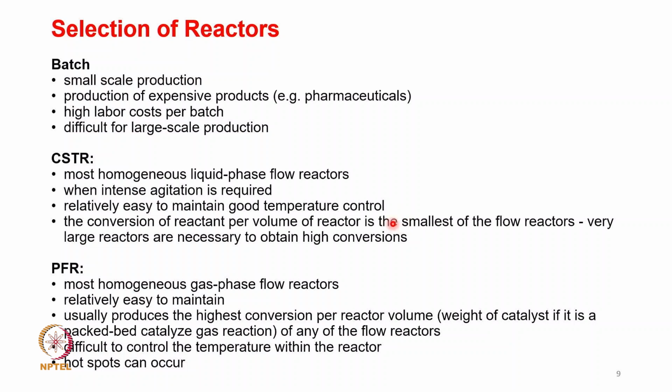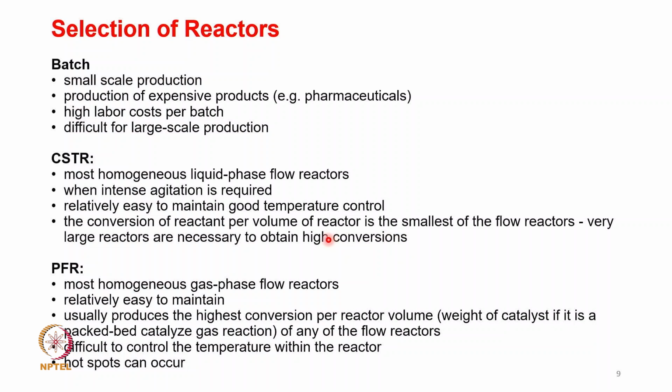But the key difficulty, or rather the key thing that we need to note here, is that the conversion of reactant per volume of reactor is the smallest of the flow reactors. So very large reactors are necessary if you need to obtain high conversions.